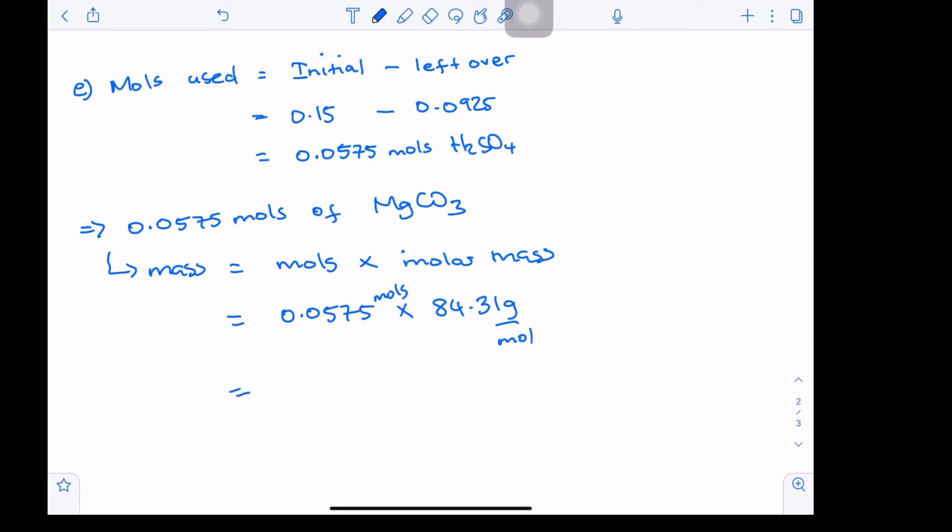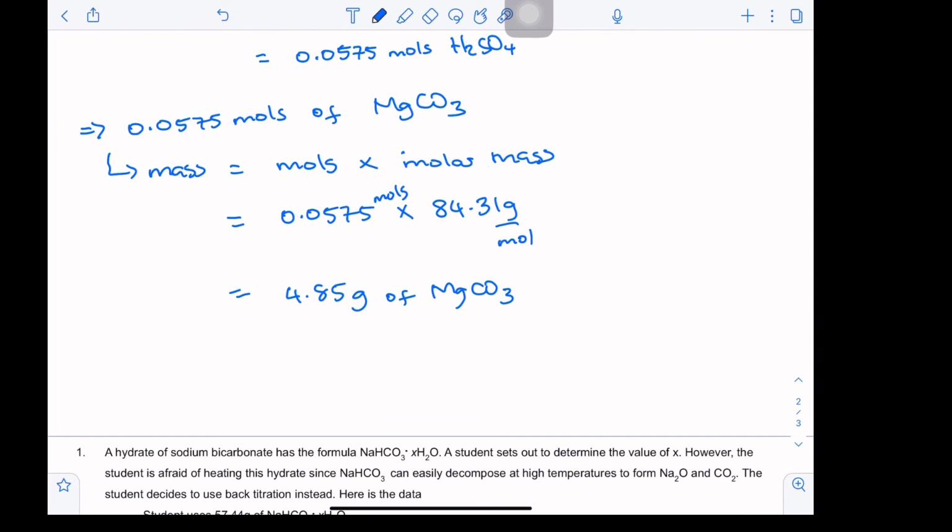If we multiply this, we get 4.85 grams of MgCO3. The hydrate was initially 10 grams, and MgCO3 is 4.85 grams, and the water is the remainder from 10, which means that it is 5.15 grams.